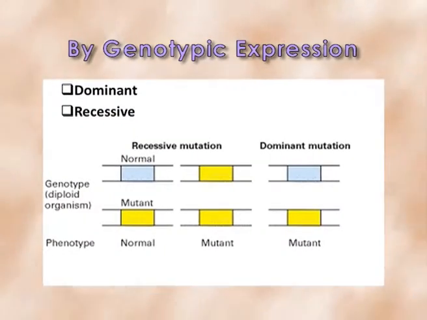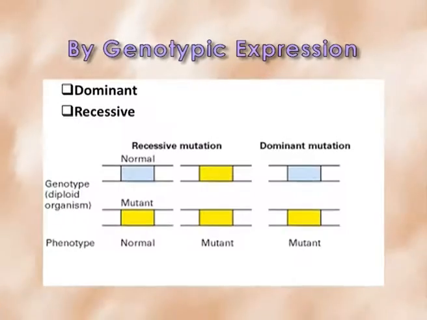So the first class of mutation is by effect or genotypic expression. The mutation may be recessive or may be dominant. The recessive mutation means the effect of mutation is only found in the homozygous condition, may be positive, may be negative.